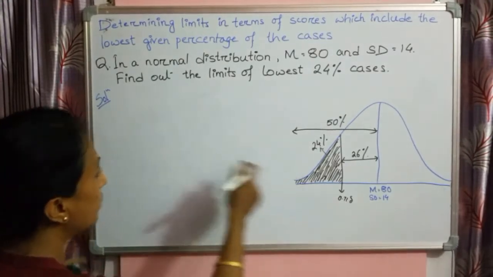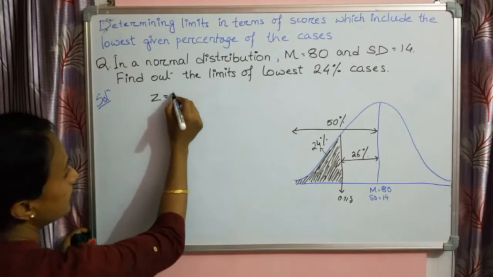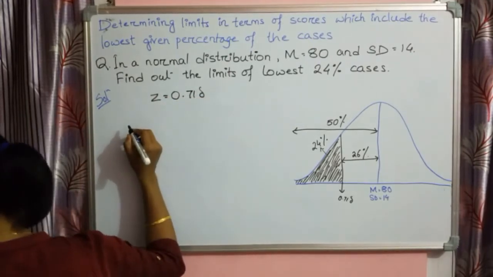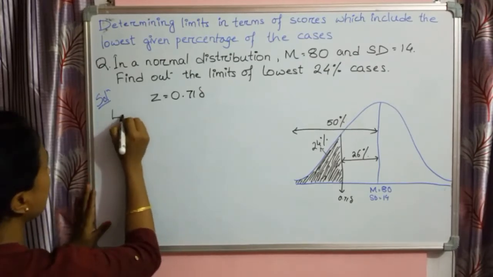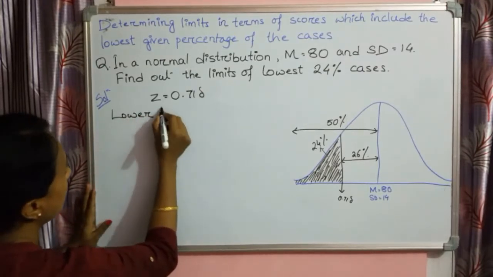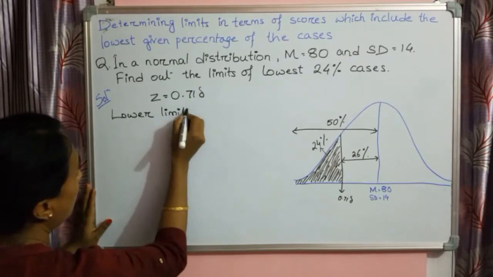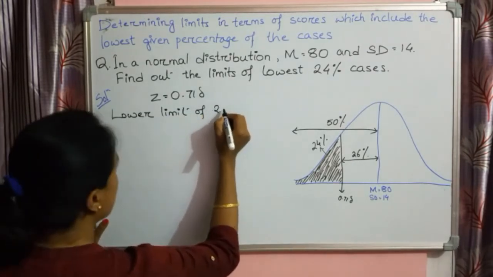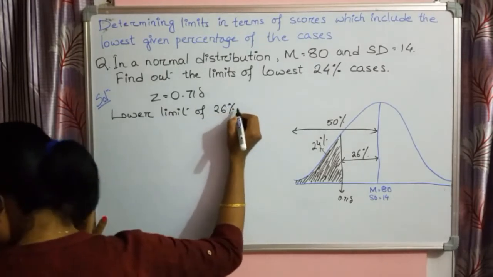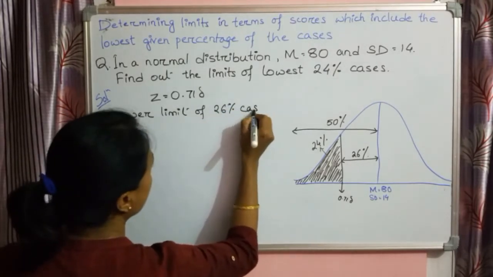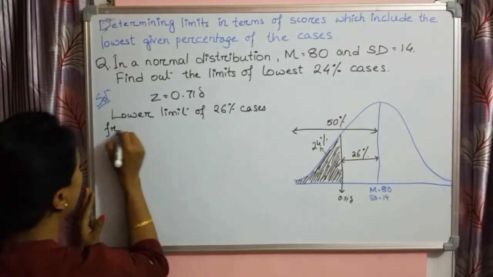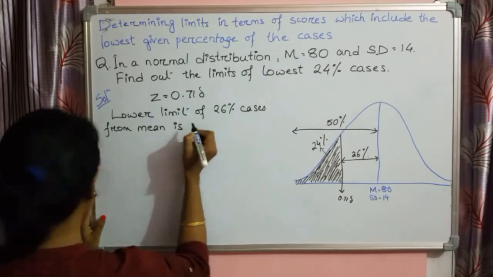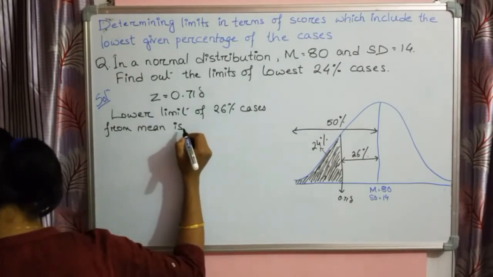So at present the Z score is 0.71 standard deviation. Now the lower limit of 26% cases from the mean, how can we find it out?